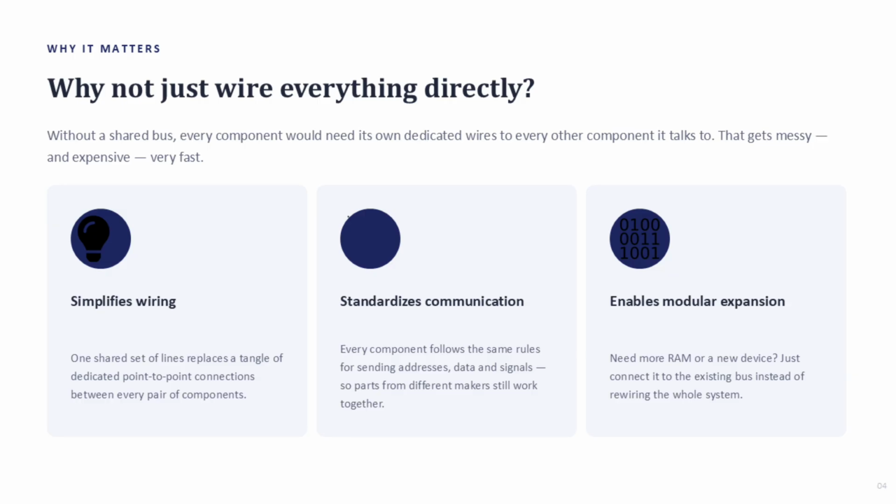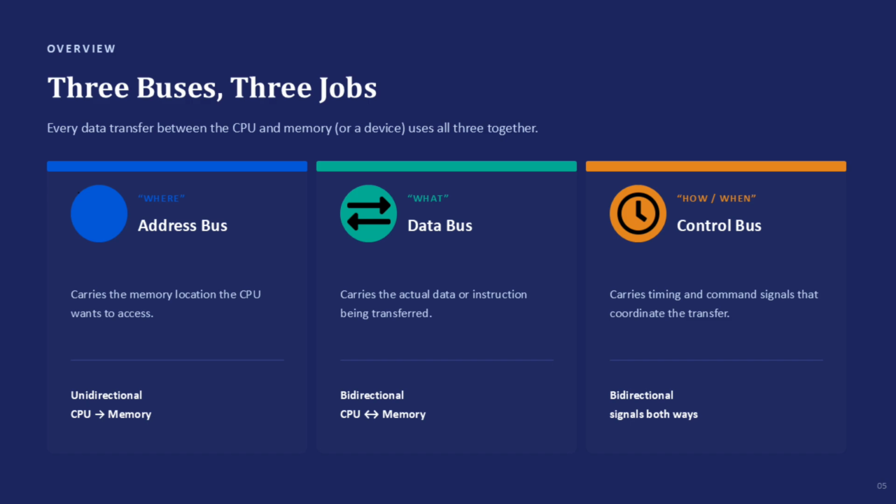Now that we know why the bus is so important, let's see something even more interesting. Although we use the word bus as if it were a single thing, it actually consists of three different buses, each performing a completely different job. Let's explore them one by one.